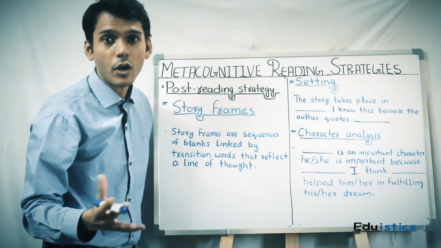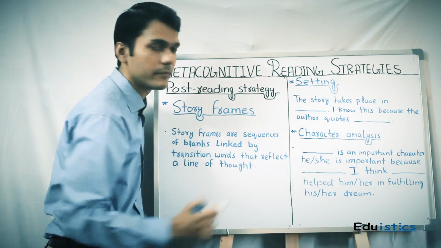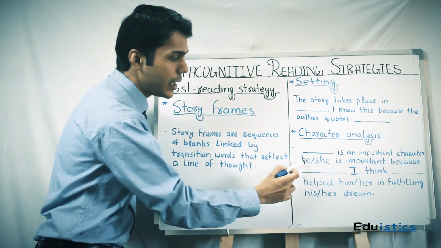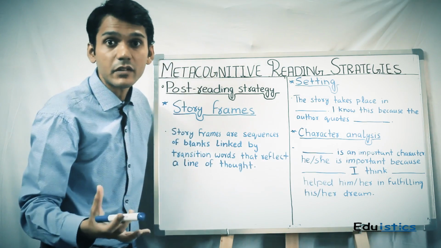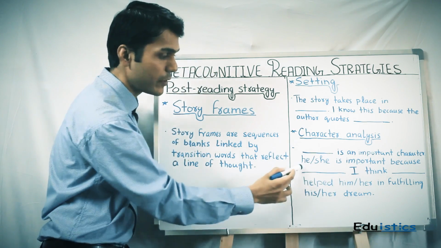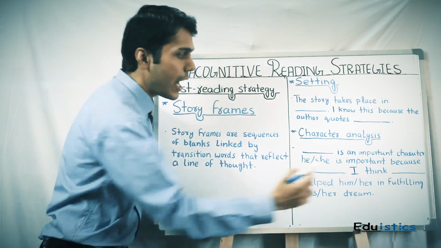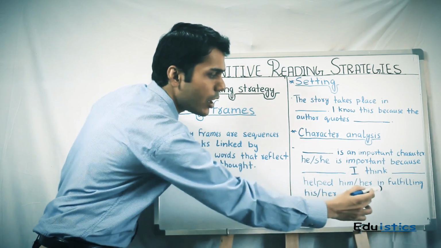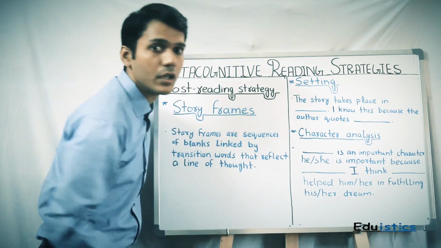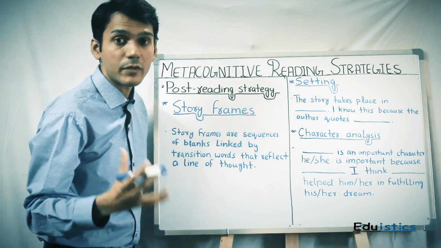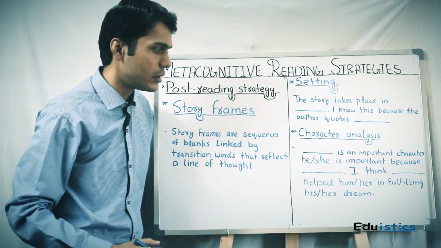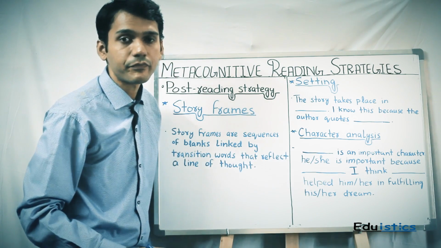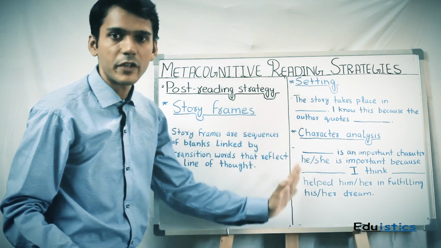Obviously, the antagonist or protagonist will be written over here. He or she is important because dash. The reason why he is important will be written over here. I think dash helped him or her in fulfilling his or her dream. The name of that person who helped him or her in fulfilling his or her dream. Like this, we can make story frames.